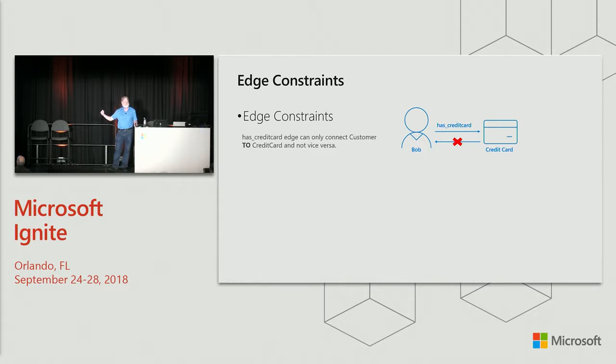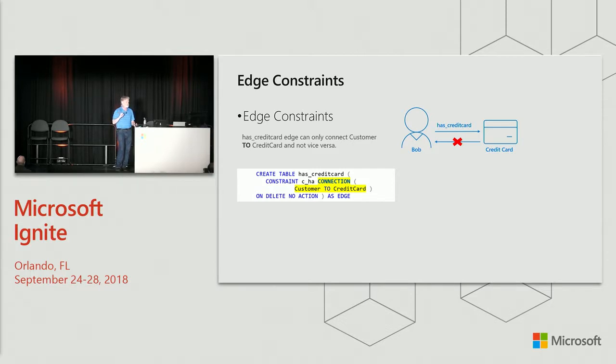Again, edges are directional. So here you have create table has credit card. You're creating the edge with a constraint, connection customer to credit card. So this edge can only connect customers to credit card. And on delete, no action. So if you delete Bob, it'll just leave the edge and the credit card orphaned.